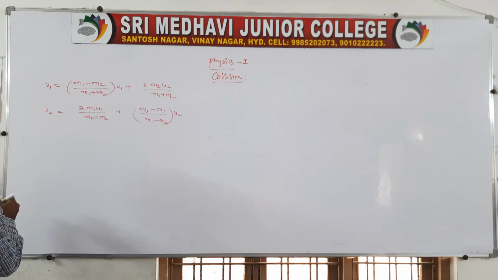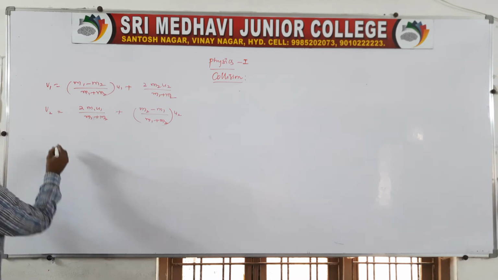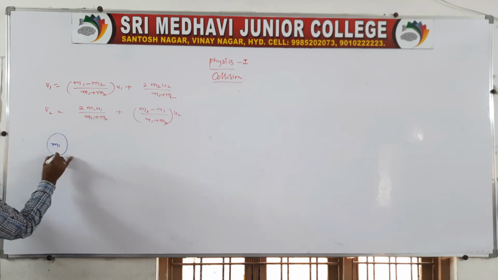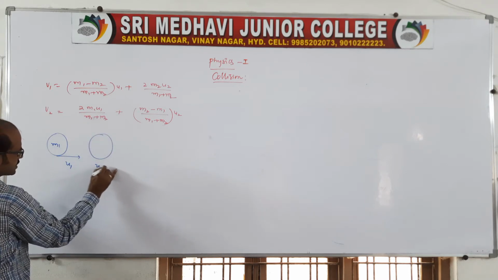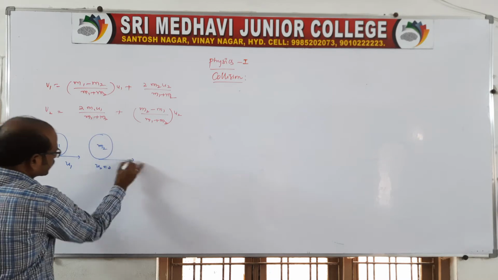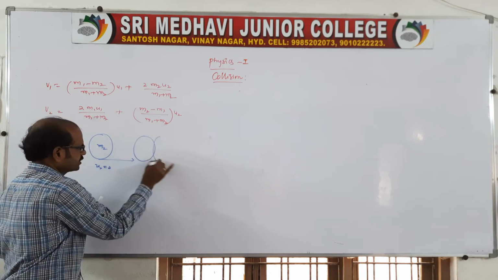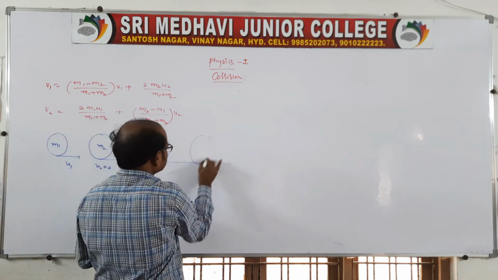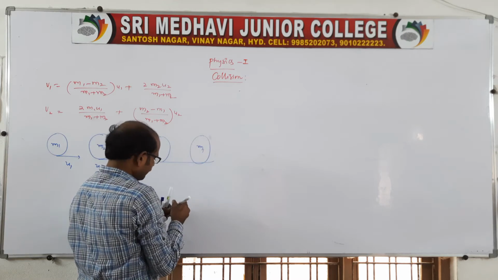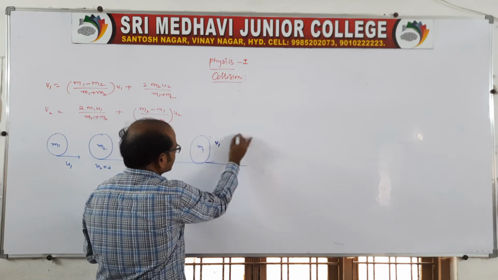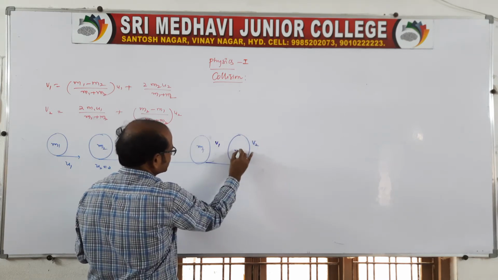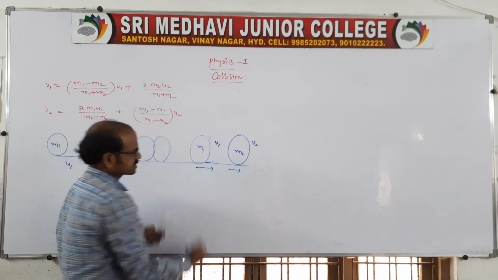Let the first body of mass m1 be moving with u1, and the second body, which is at rest, of mass m2, undergoing an elastic head-on collision. After the collision, the two bodies are moving with speeds v1 and v2, and the second body is m2, moving like this.